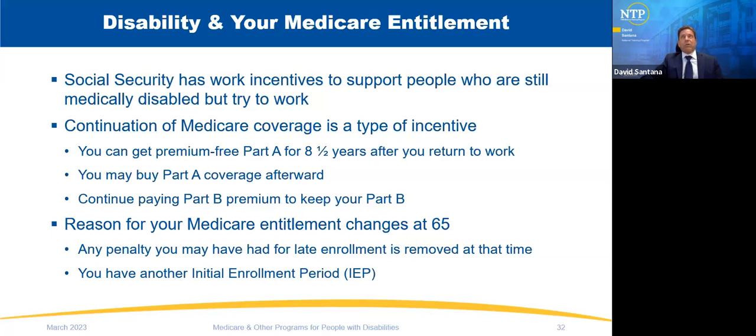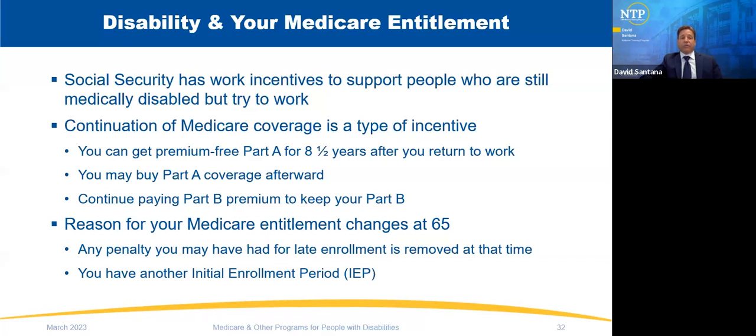So for as long as that person continues to work and makes more than the substantial gainful activity amount that you learned in the previous slide, it's not that the individual is no longer disabled. The individual is still disabled, but they went back to work and are making more than that limited amount set in the law.